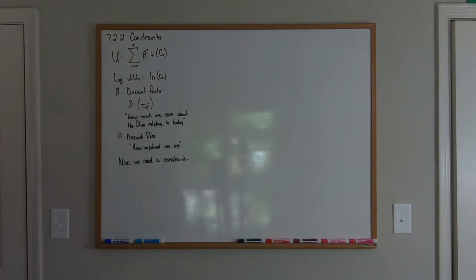Well, if you remember the homework where I had the utility maximization problem and the budget constraint in there, I had income equals the price of x times x plus the price of y times y. Basically, income being equal to what I spend on those two goods.